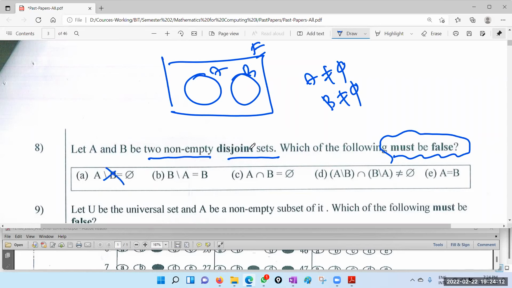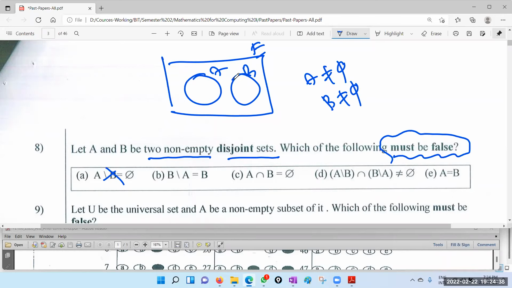B minus A. B minus A equal B. Can that happen? Yes, right? Because they are disjoint. When you remove something here from here, none of these are common, so nothing will be removed.